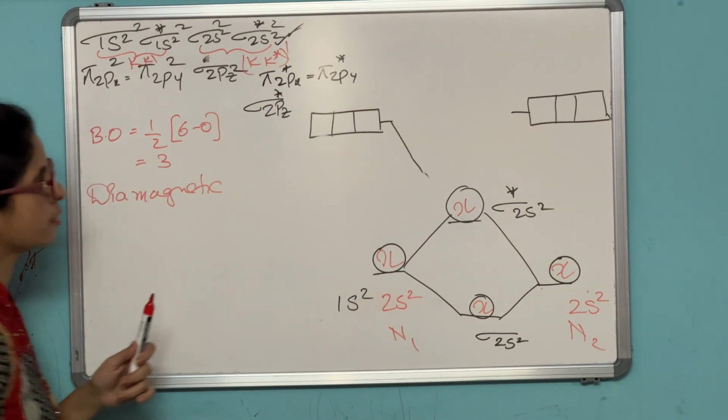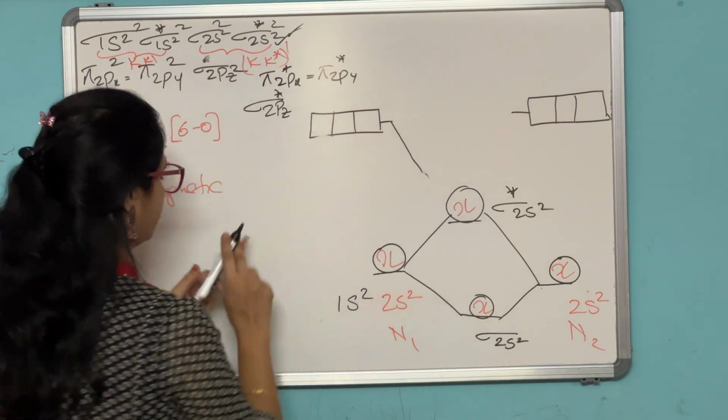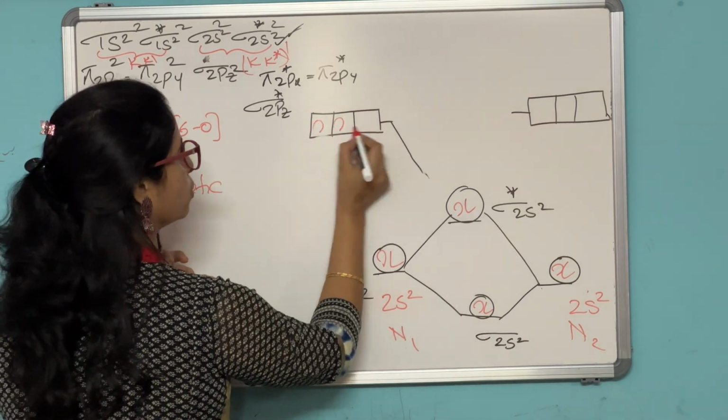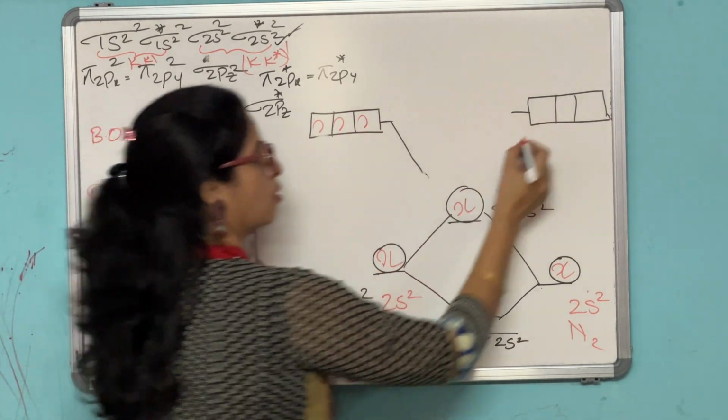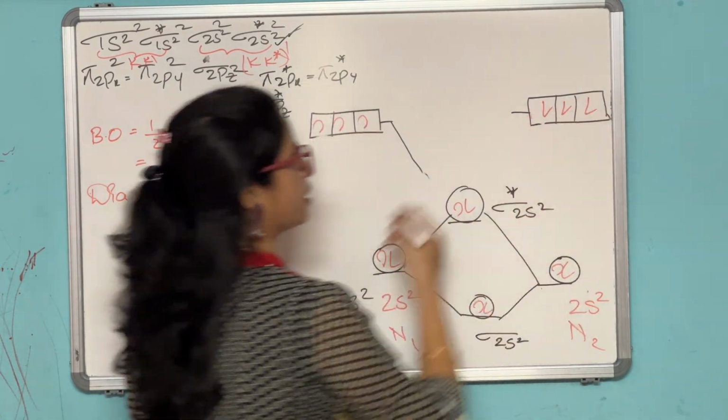This is the electronic configuration. Now here these are 1, 2, 3, 2p3, no? So we'll write the reverse spin just for our convenience.